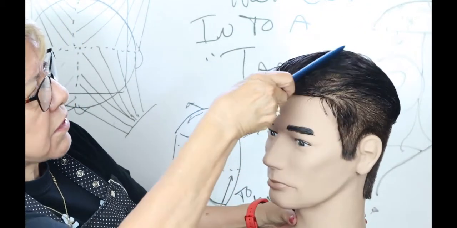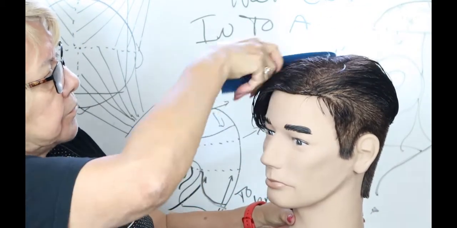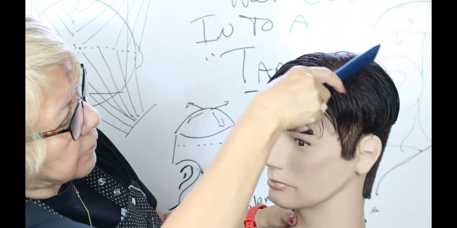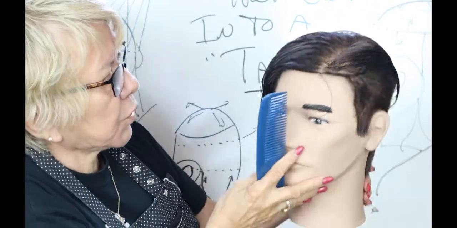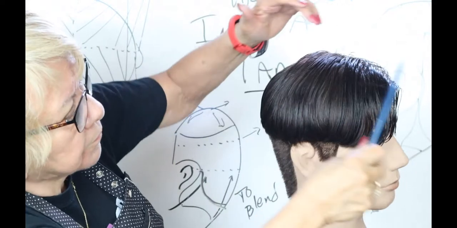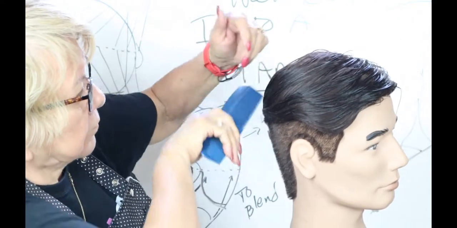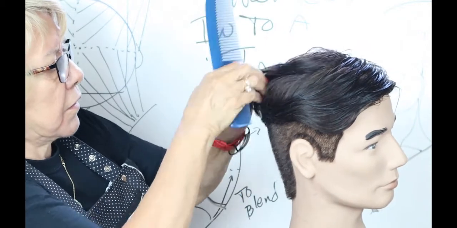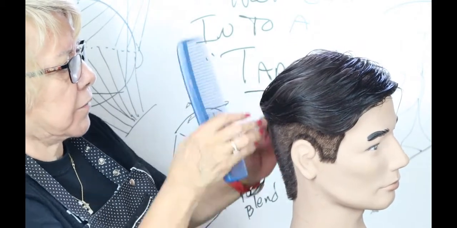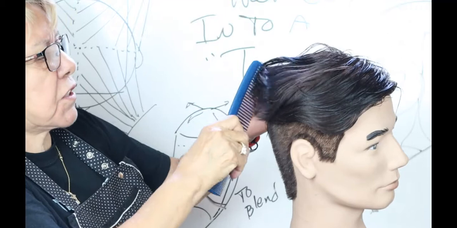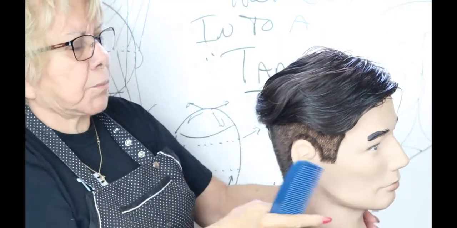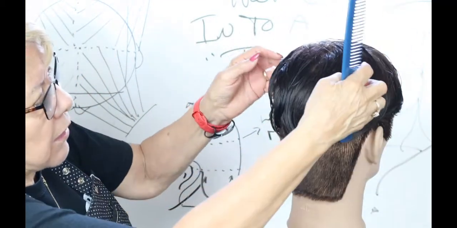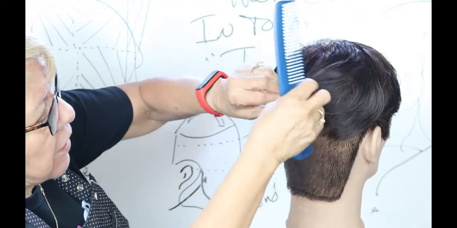Now, if they want a side part, again, you can do it. And still have that little ducktail in the back. Where everything feeds to the center, you just take it up to the upper ridge in the back, bring it down to the center.